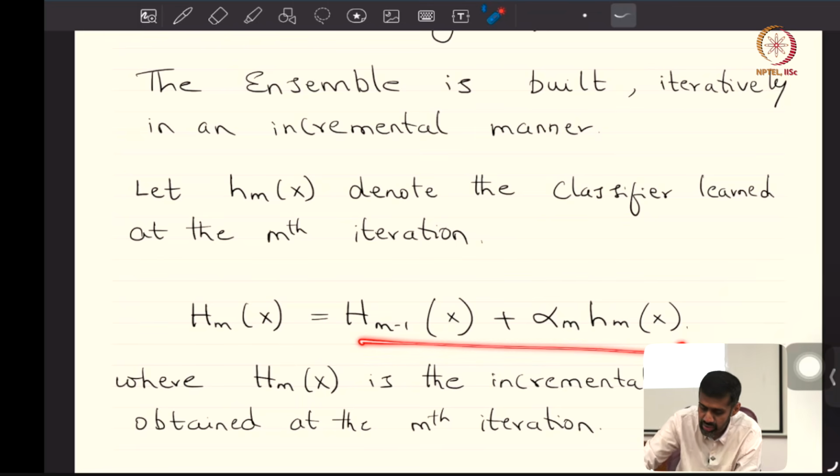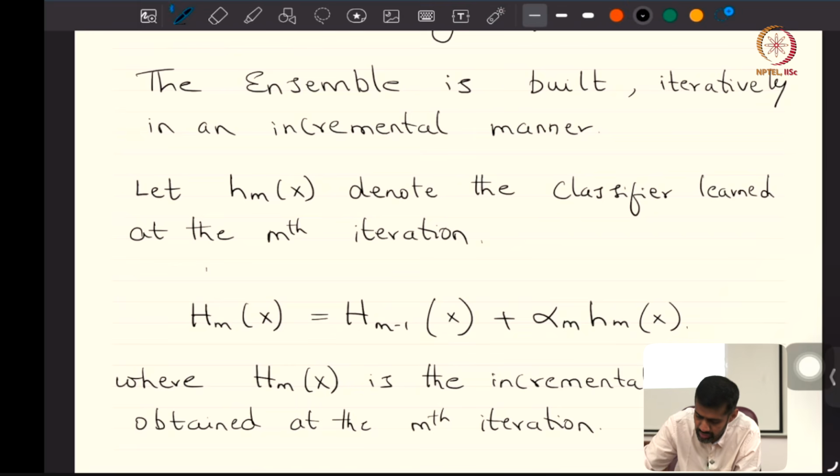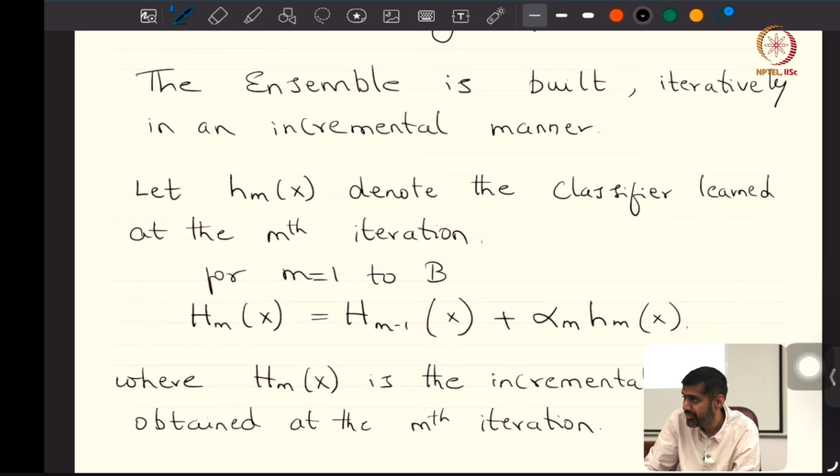You do this for m equal to 1 to B. So alpha can vary. It will vary, yes. That is why there is an index here, it is alpha_m. What is the amount of weight that you should give for the mth classifier is something that we can control, and some algorithms actually learn it explicitly.